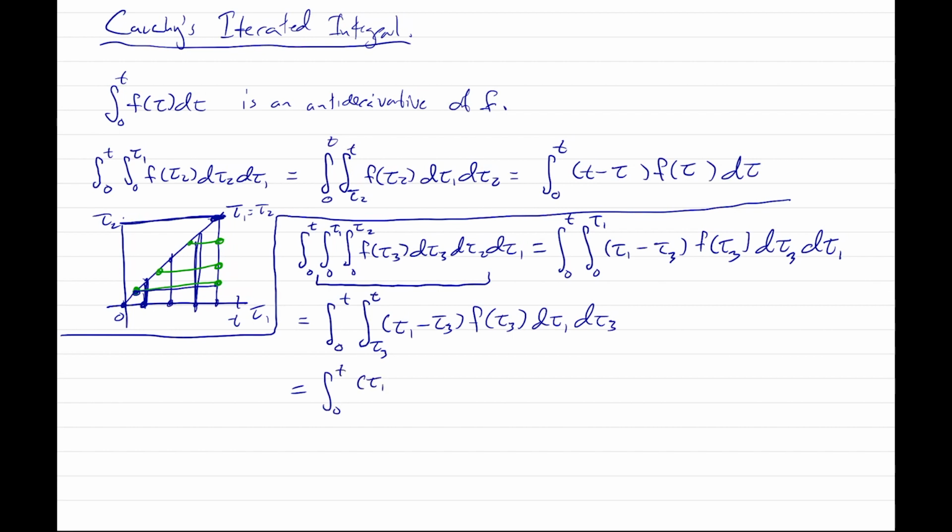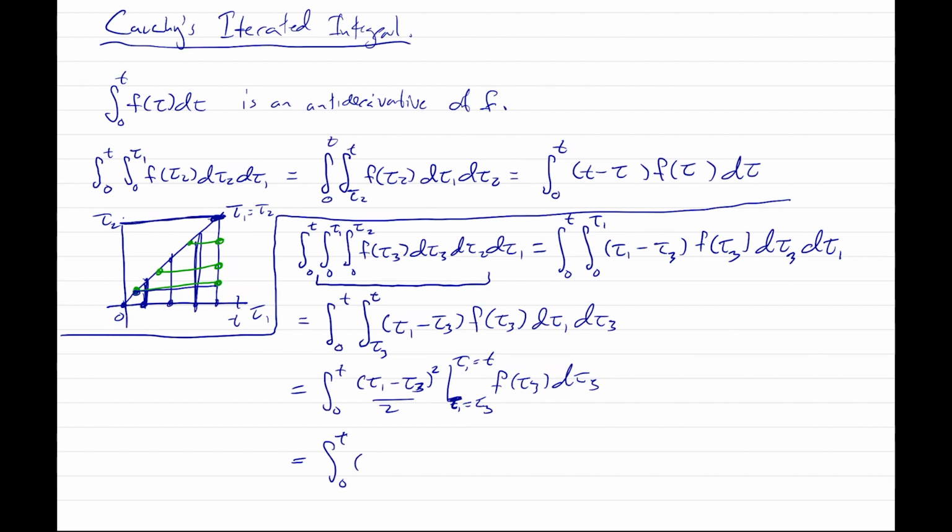It becomes tau 1 minus tau 3 over 2 squared, evaluated at tau 1 equals tau 3, and tau 1 equals t. F of tau 3, d tau 3, and finally, I get the integral from 0 to t of, when I put t in there, t goes here. That's good. When I put tau 3 in here, this becomes 0.